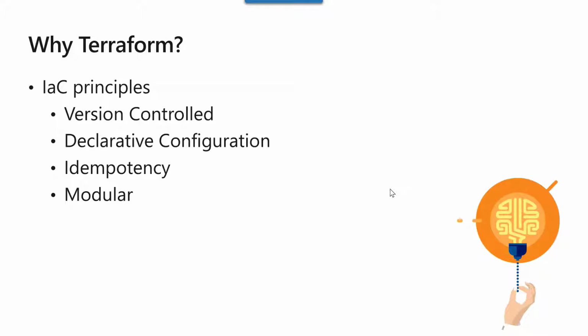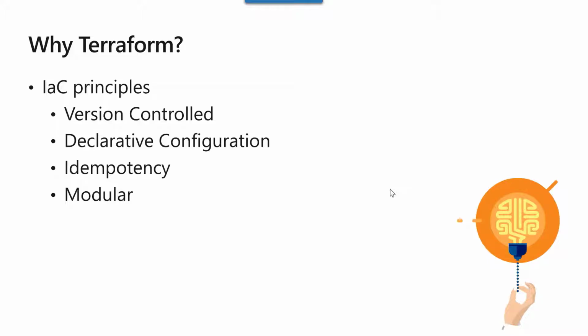So instead, if you can modularize your configuration into different smaller chunks, that way you have more control over what you want to update and how you want to update that. So your infrastructure as code principles are version control, declarative configuration, idempotency, and modular, right?